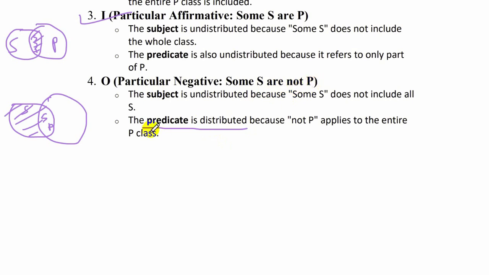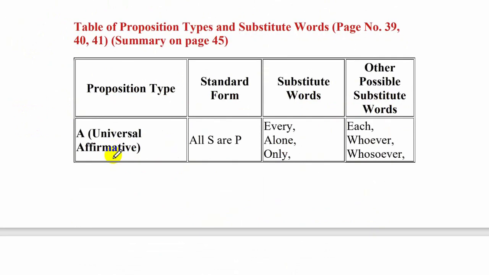Some S are not P, and the predicate is distributed because of not P. It says some S are not P, correct. So P is inclusive, it applies to the entire P class.